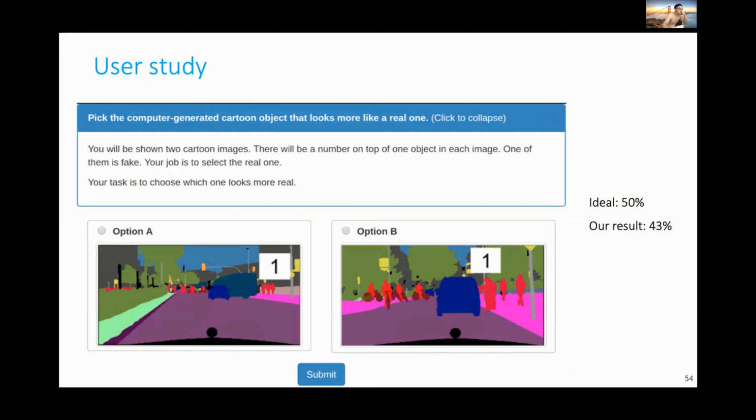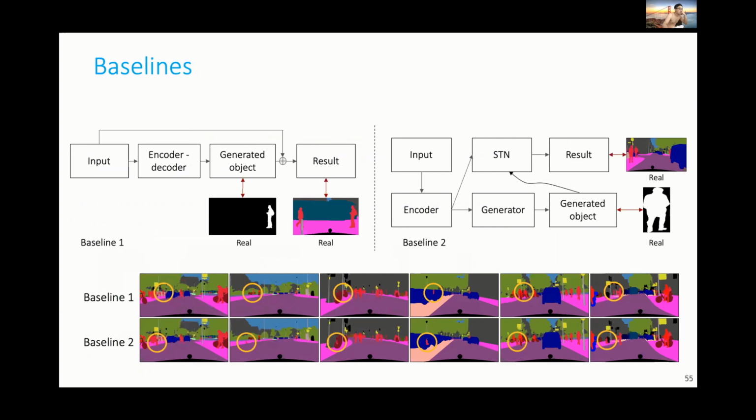There is a 50-50 chance that a human will make a mistake, and our results received 40% chance to be judged real. So it does a decent job. Along the way, we also had different baselines for that. For details, please look up our paper and supplemental material.